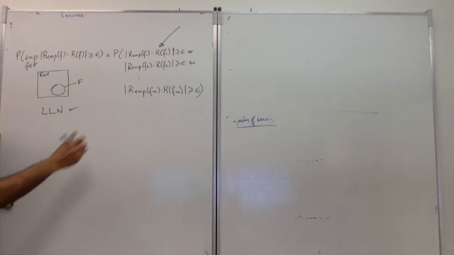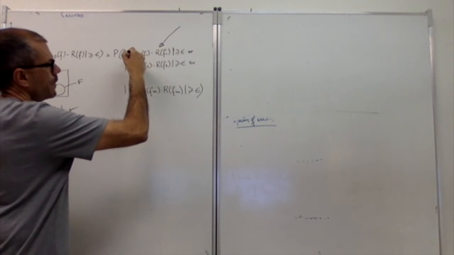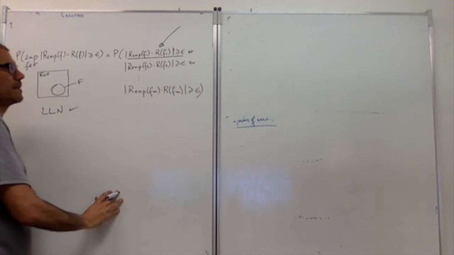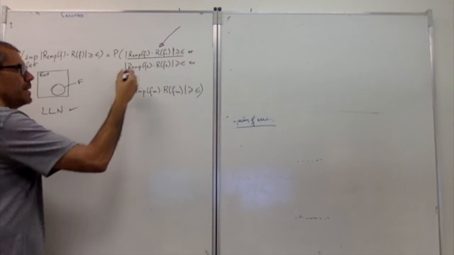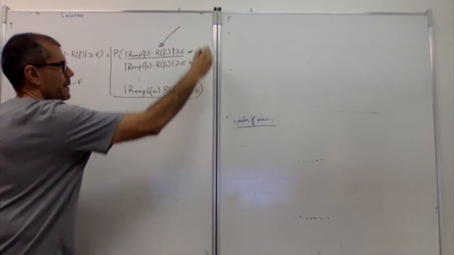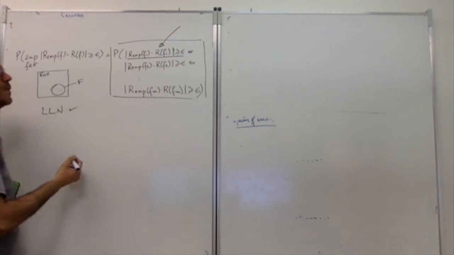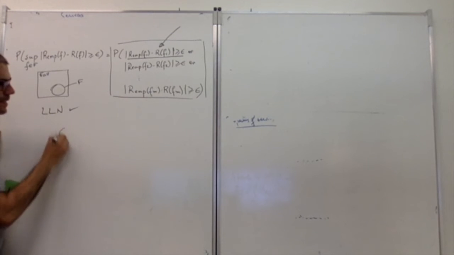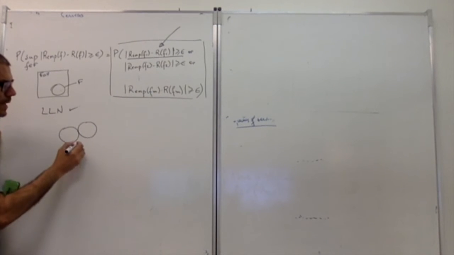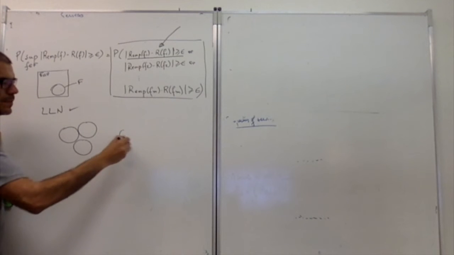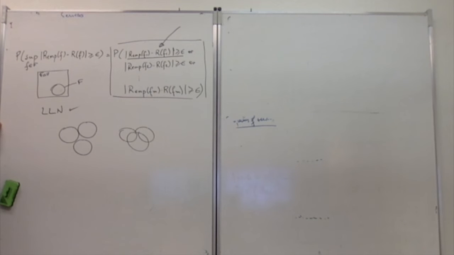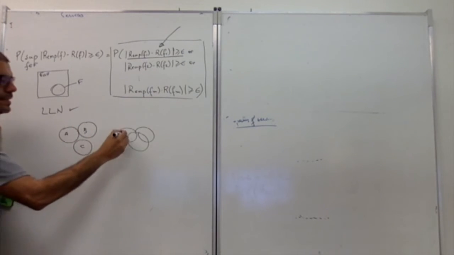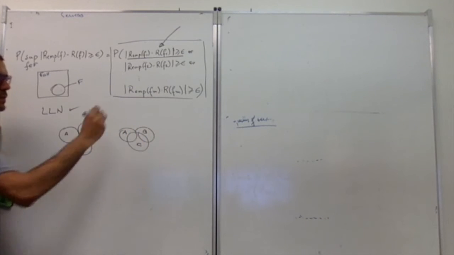So as it holds, I have that for every probability like this, it's going to hold. But before that, somehow I need to simplify this probability. And what I did last time with you was this. This is the same as a space where I have, for example, areas, and some of them have intersections. So let's say I have an area A, B, and C here, and here they have some sort of intersection.